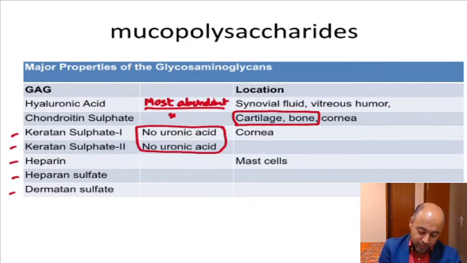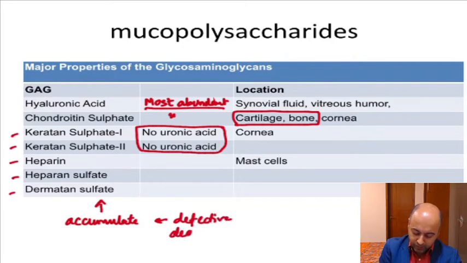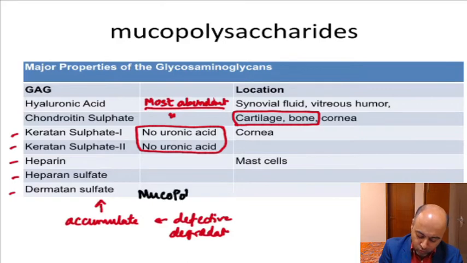Please note, sometimes the glycosaminoglycans can accumulate. When will they accumulate? When there is defective degradation. When they accumulate, they give rise to the condition known as mucopolysaccharidosis, commonly written as MPS.